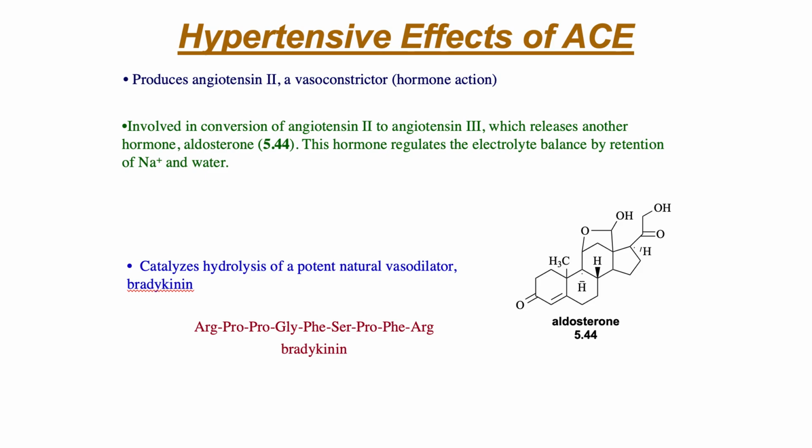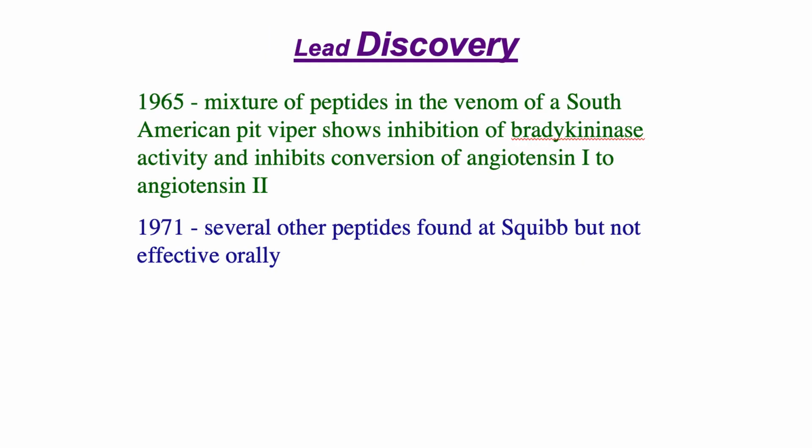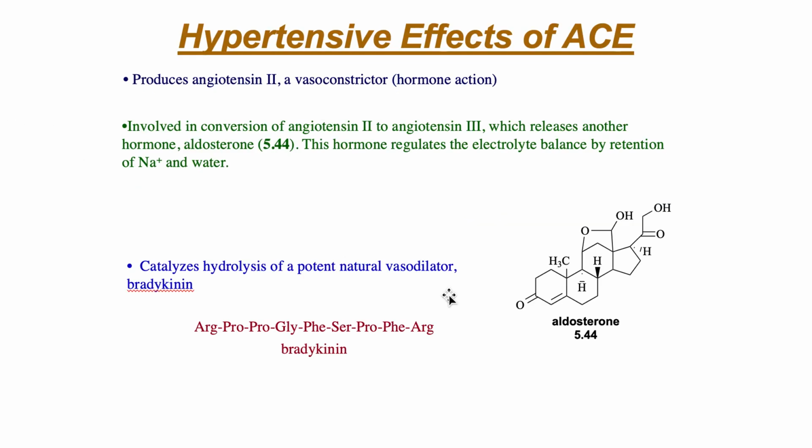We're going to try to inhibit the enzyme that produces this vasoconstrictive hormone, inhibiting the production of this hormone that tells your veins and arteries to constrict. The way this works is by catalyzing the hydrolysis of vasodilator bradykinin, just so you know.